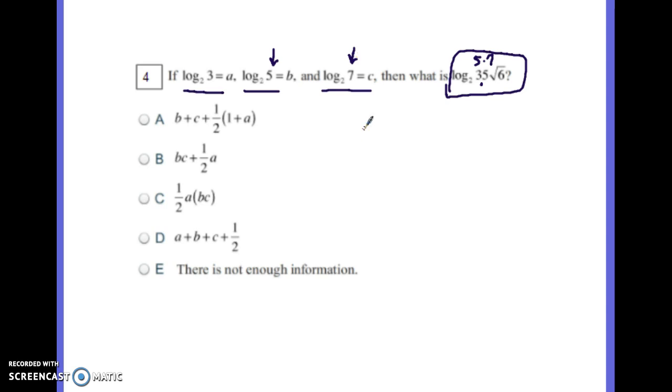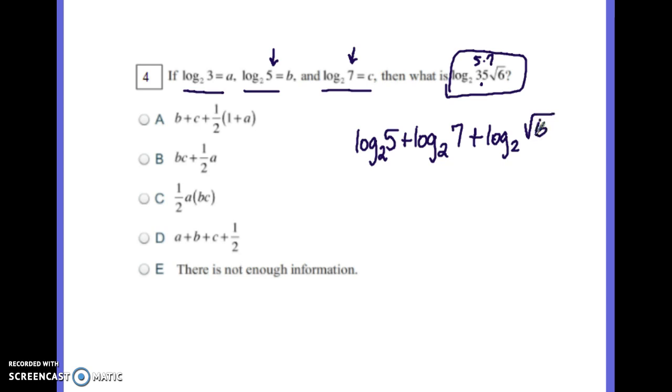So instead of log base 2 of 35, I will have log base 2 of 5 plus log base 2 of 7. I'm also multiplying by that square root of 6, so I can also say plus log base 2 of the square root of 6.